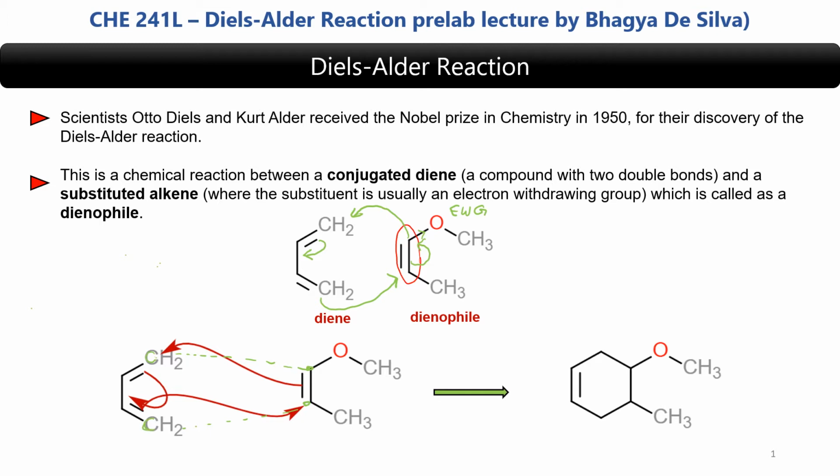So instead of four pi bonds that existed previously, we get rid of two of them and replace them with two sigma bonds, and we get this more complex cyclic compound.